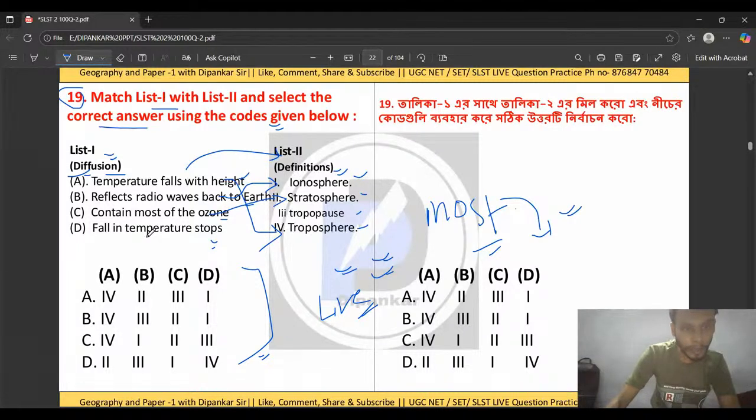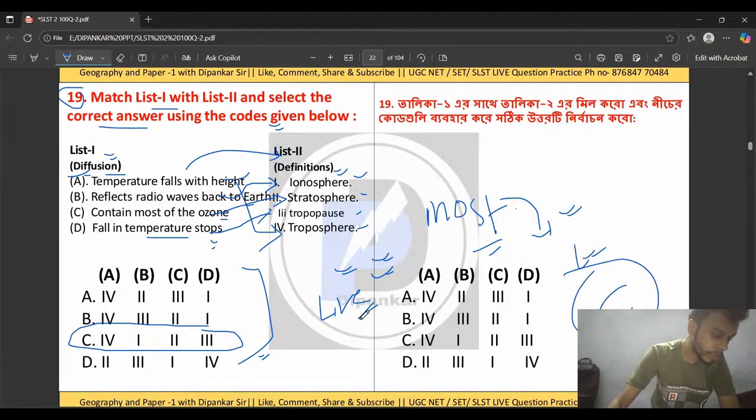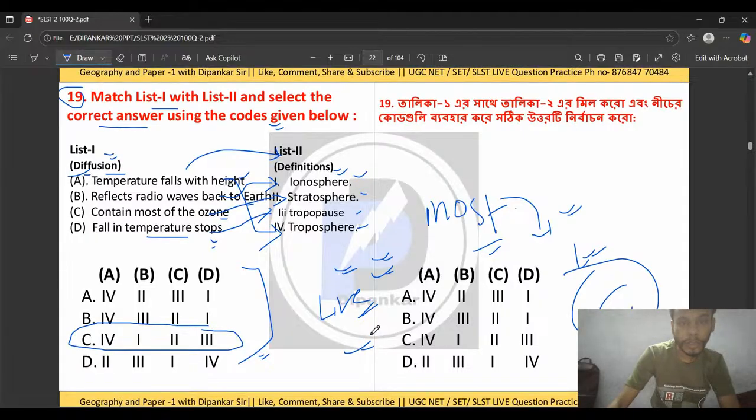And the fall in temperature stops at the tropopause. Yes, the right option is C. The correct sequence is 4, 1, 2, 3. So the 19th question's option C is right.